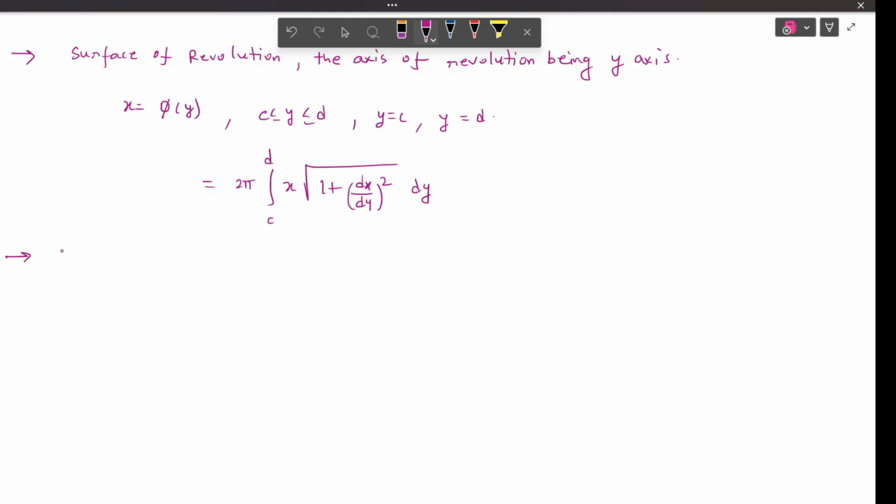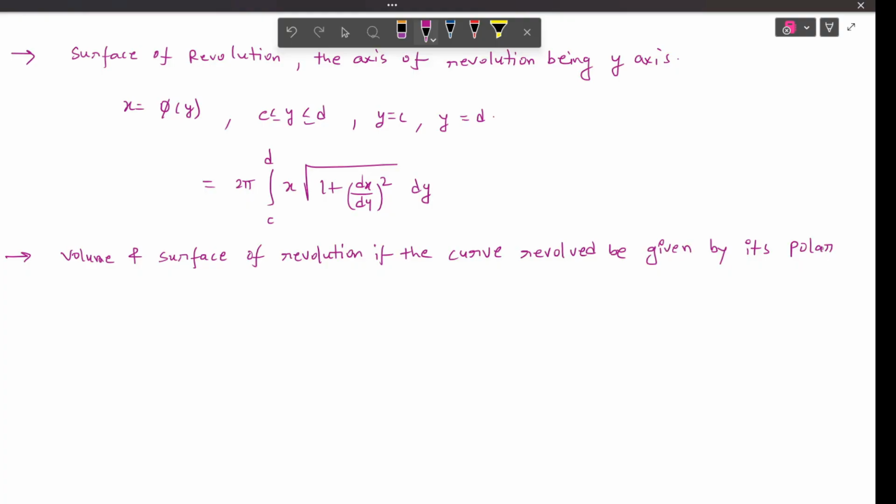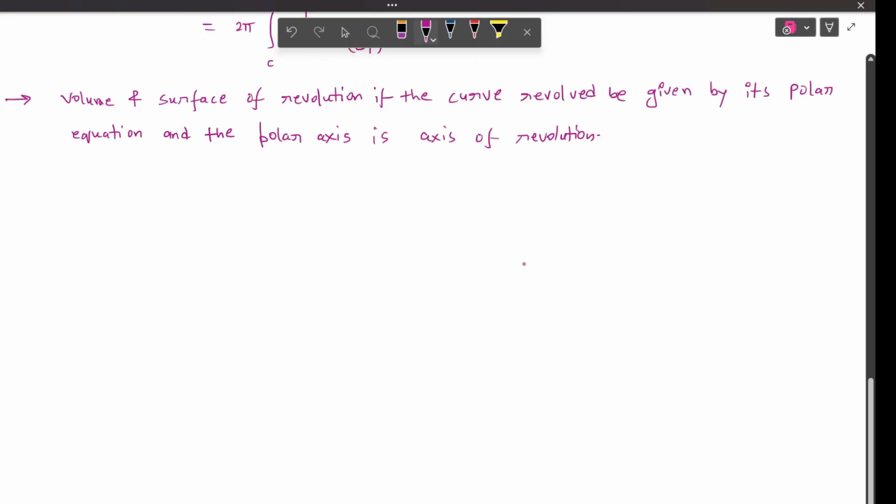So let us see what would be the case. Let us see the graph.